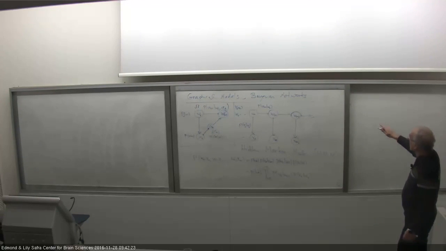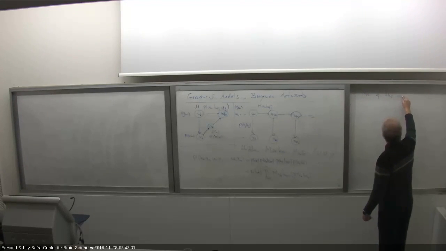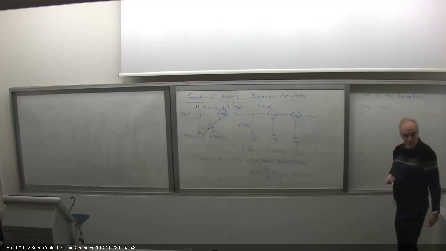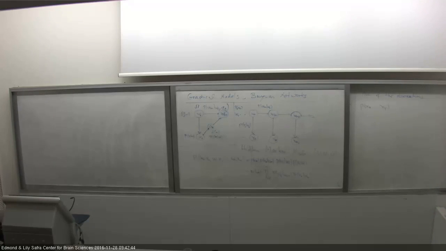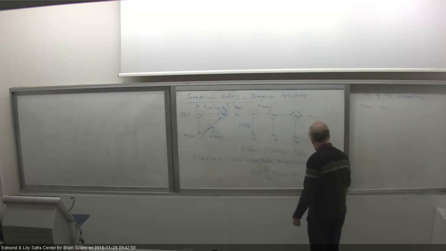And so what is the likelihood or probability of the observations only? So the probability of x0, x1, up to xT. This probability is what? If I know the full model, this is what the model tells me.